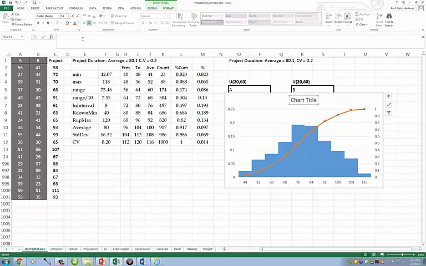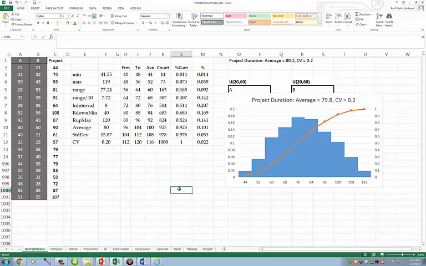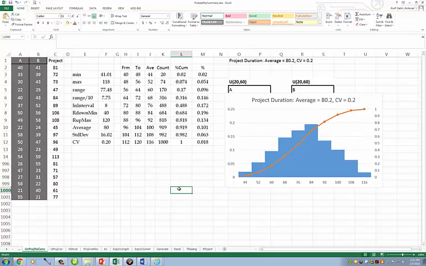Click on this. I'll go to this bar. I type equal to, and I click on this cell. Enter. Now project duration and average and coefficient of variation are there, and if I change my data, things get updated automatically.